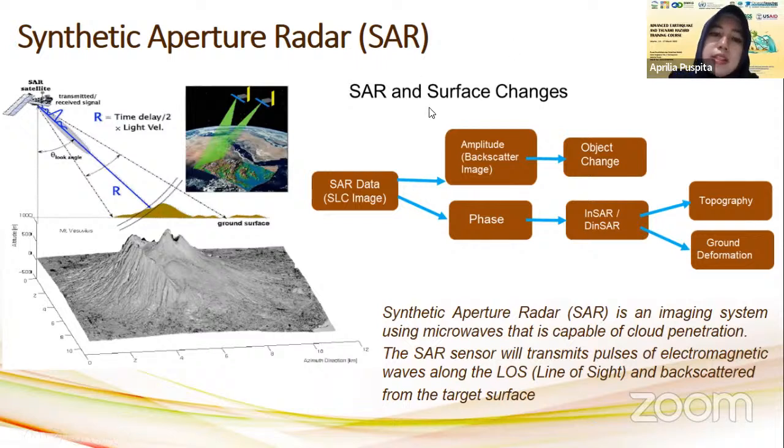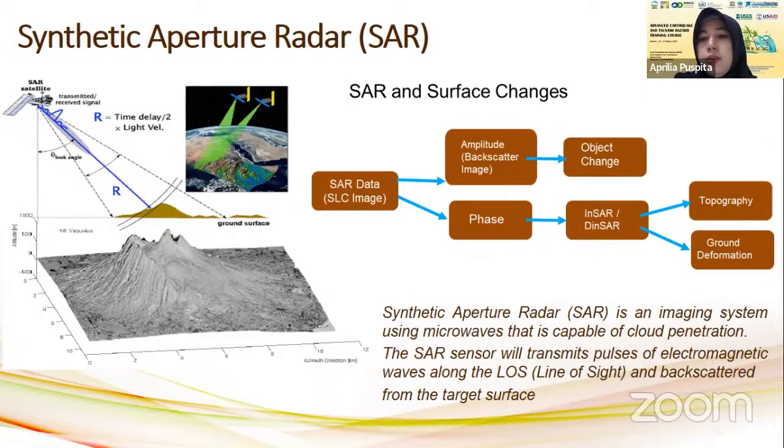The SAR data we use in this research is Sentinel-1 imagery. It contains an amplitude image and a phase image. The amplitude image has high resolution, and the phase image is a single look complex image containing information about the range and the orbital geometry between target and satellite. The amplitude or backscatter image we call the GRD image.